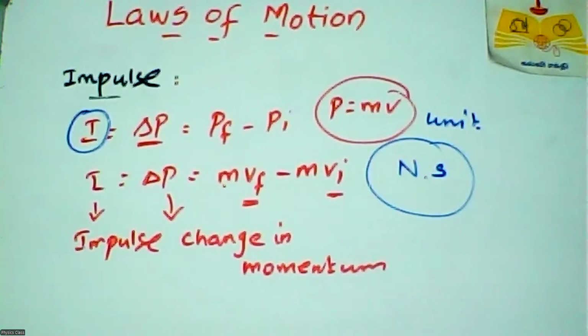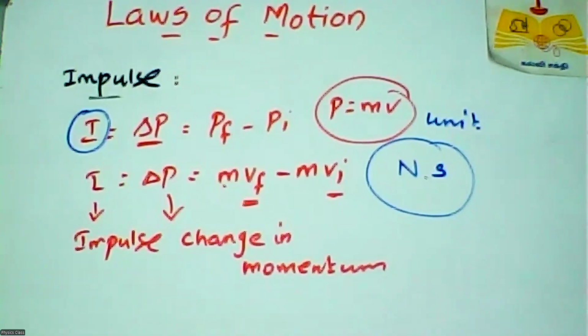We all denote weight in kilograms, but that is not correct. We have to denote weight in terms of Newton. For example, 80 Newton, 90 Newton, this is exactly correct. But everyone says my weight is 80 kg, 70 kg.